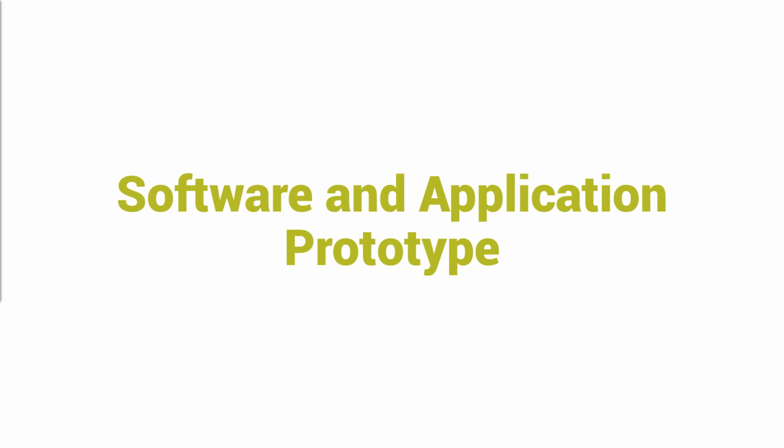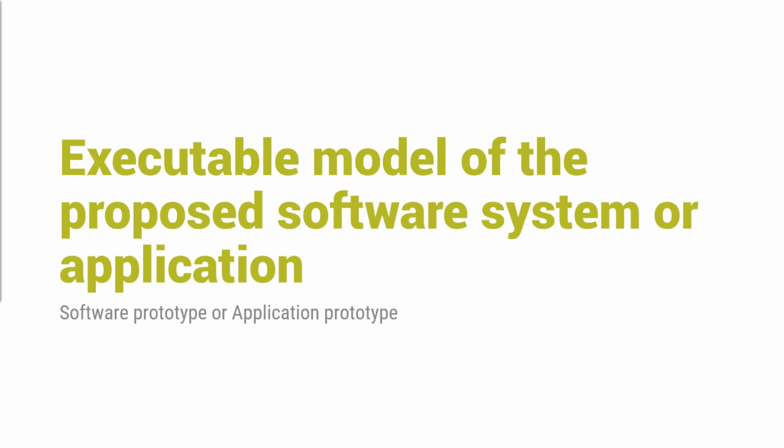A software and application prototype is an executable model of the proposed software system or application. Earlier in our example, when you make a new camera product, you make a cardboard sample of it to test the ergonomics or the user experience when holding the camera.